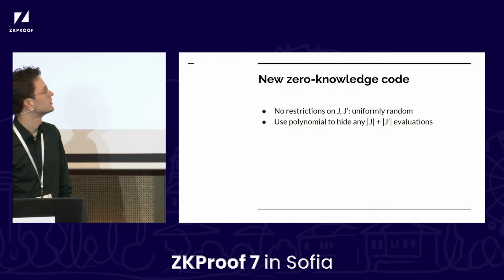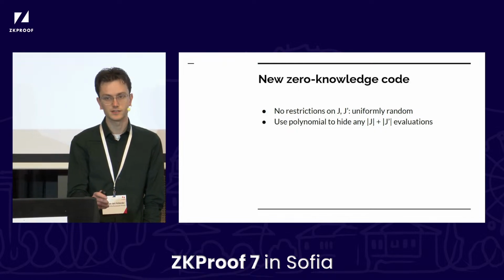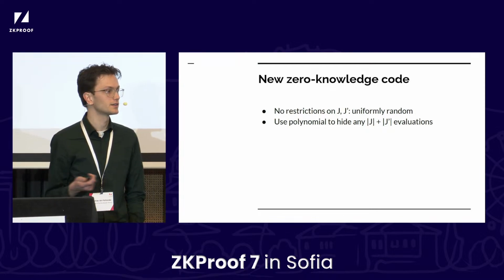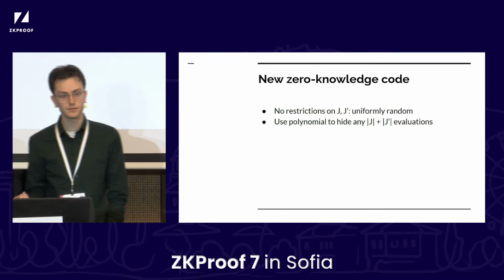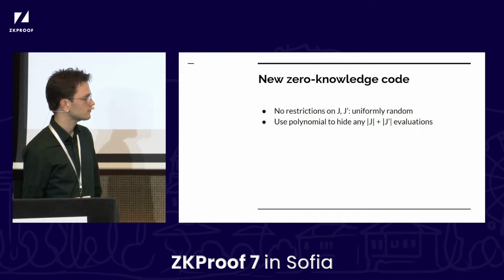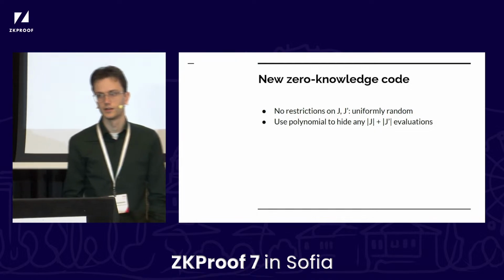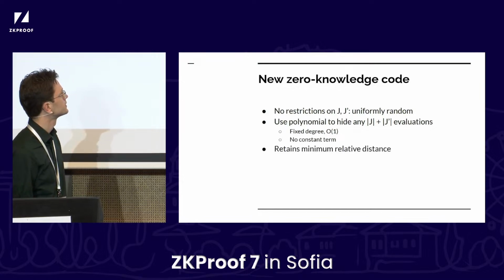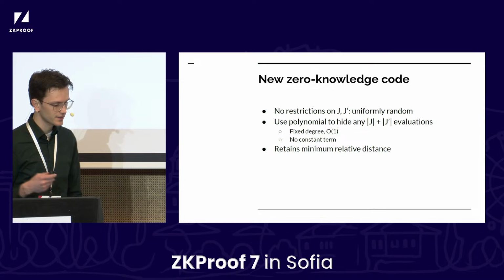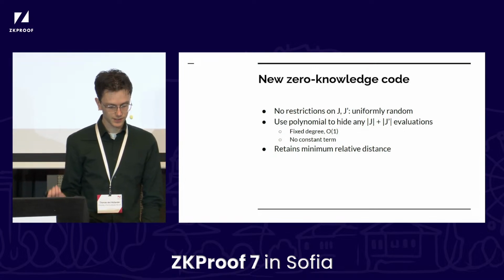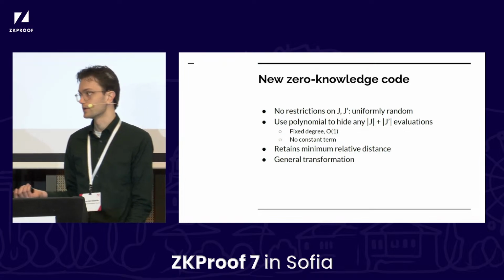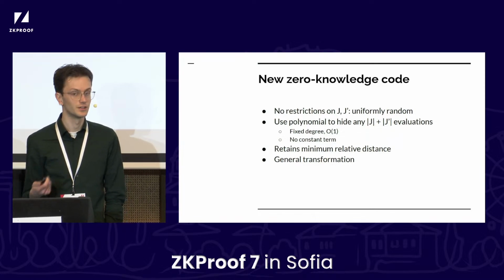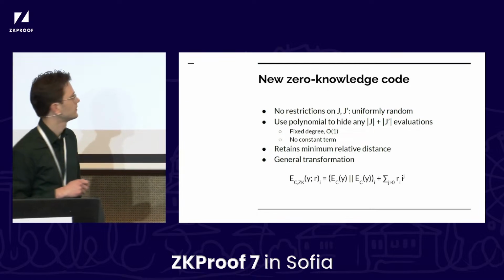Because the sets where we reveal are constant size, this polynomial that we add can also have a constant degree, so this won't harm the linear time prover. It's fixed degree, it doesn't have a constant term, and the nice thing is that this retains the minimum linear distance. It's a general transformation, so we can use any linear time encodable linear code, and this is what it looks like.